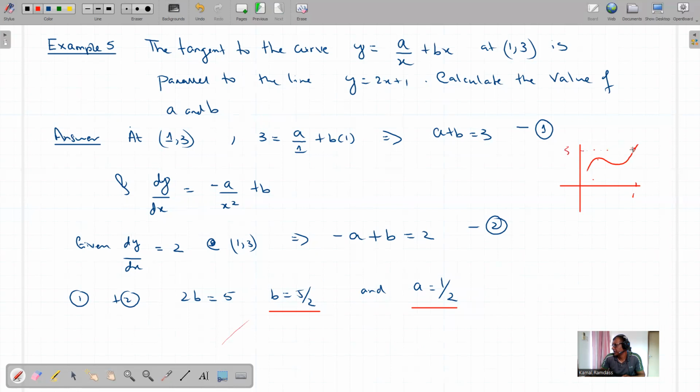Et là, maintenant, le gradient, ça gradient là, ça dy by dx là, il est parallèle to the line y is equal to 2x plus 1.